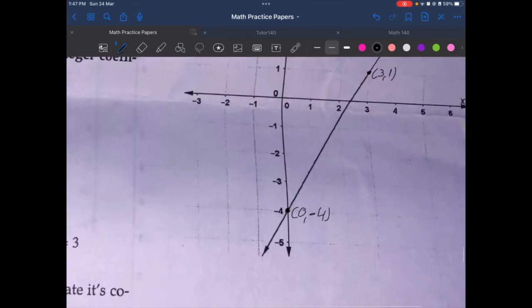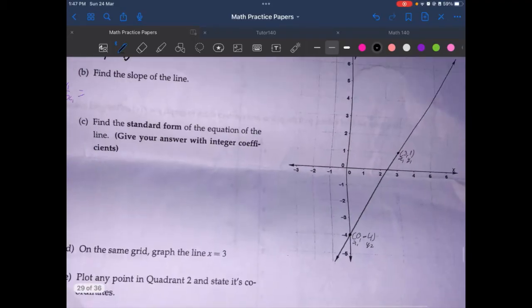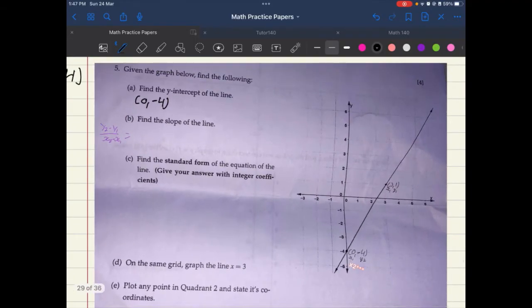So we can put that in the formula. y2 is negative 4, so we have negative 4 minus y1, which is 1, over x2, which is 0, minus x1, which is 3.